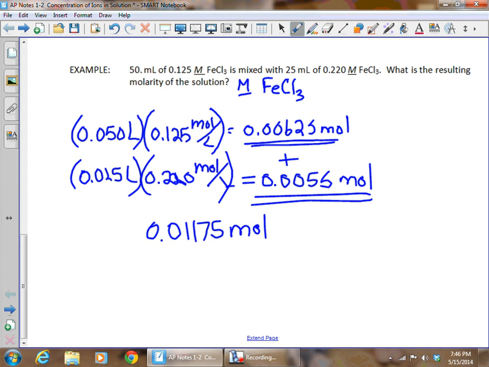So 0.01175 moles divided by 0.075 liters, or 75 milliliters.